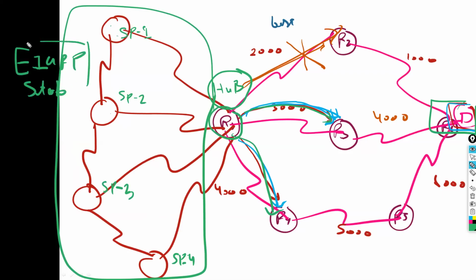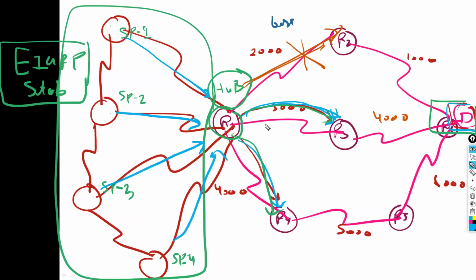If these routers are acting as EIGRP stub routers, they will send an update to R1. Hello, Mr. R1, we are stub routers. Don't send any EIGRP query packet. Clear my point? What is the benefit of EIGRP stub? We can limit the query packets.